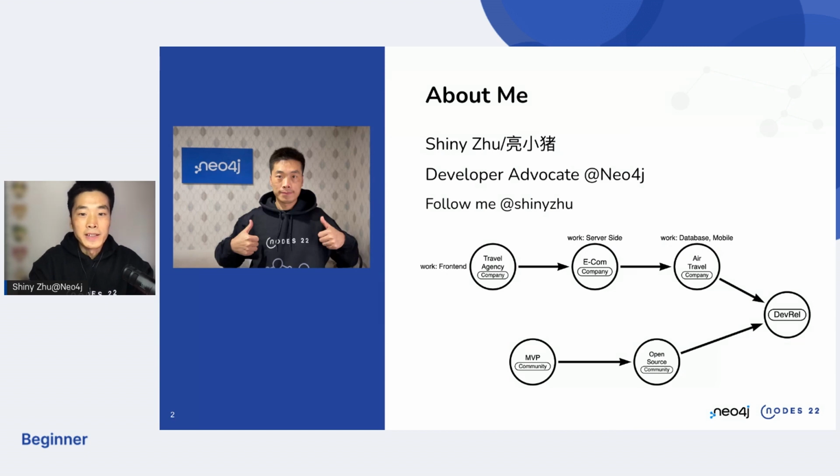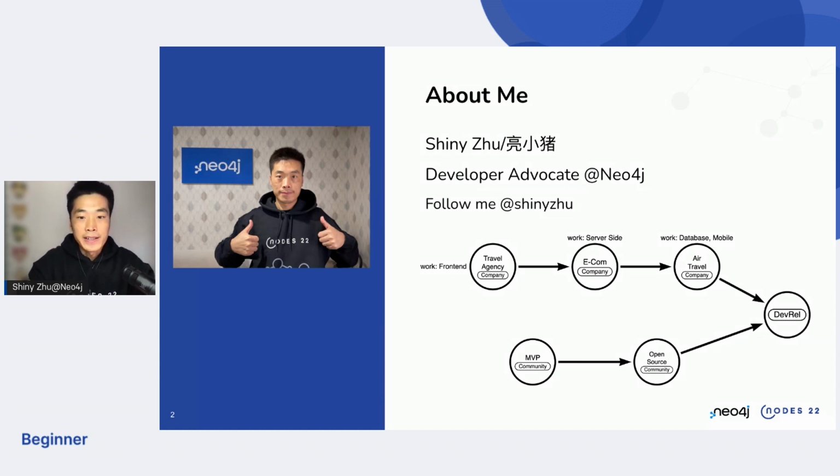Years later I started building backend services, server side programming, and after years, I moved to an e-commerce company, and then to another company, an air travel company. I worked on databases and mobile and many other projects.